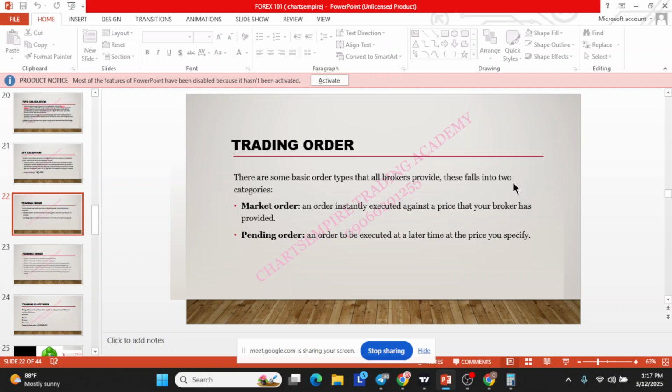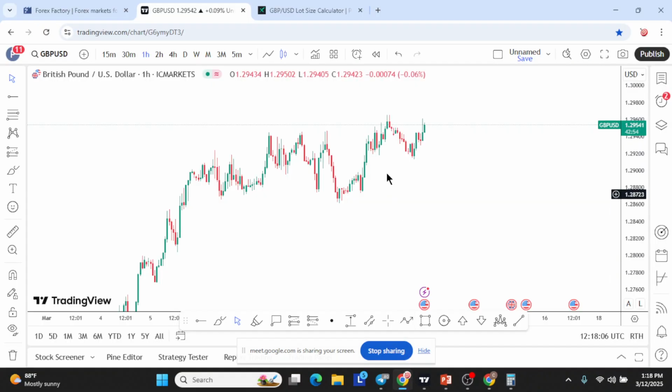The market order is an order to instantly trade at the current price. So if we have the chart of GBP USD, and our decision is we want to execute that decision now, that is called a market order. We want to buy at the market price.